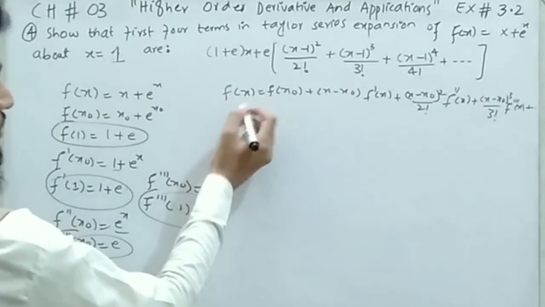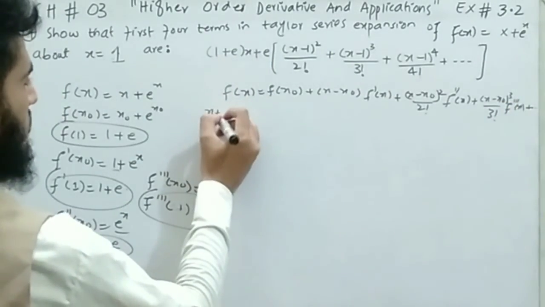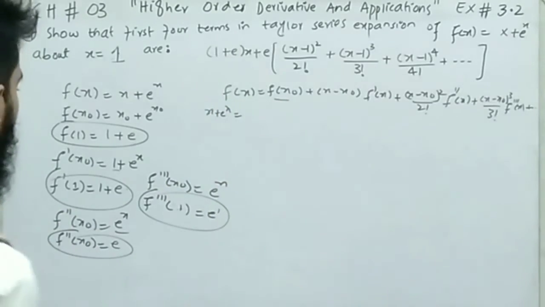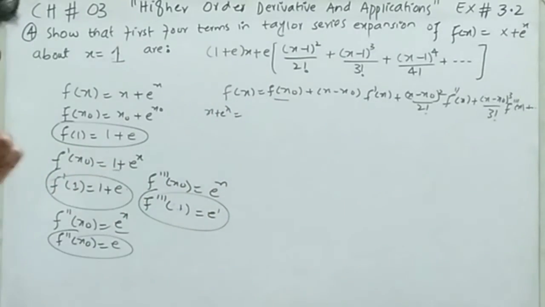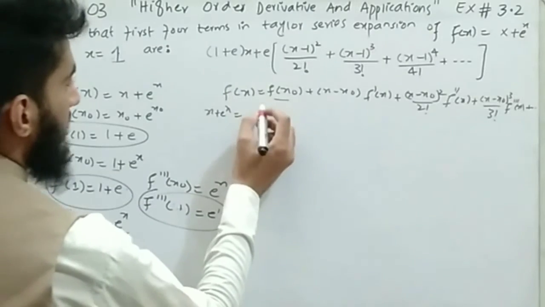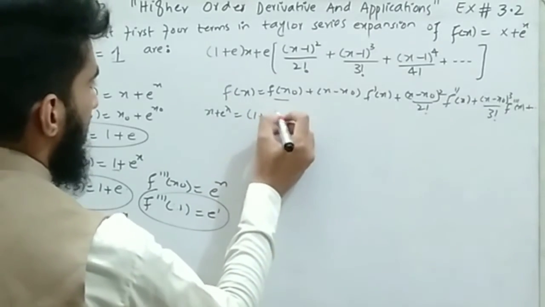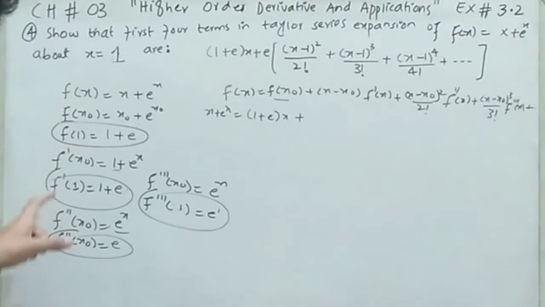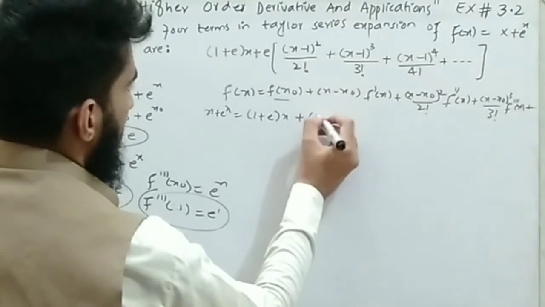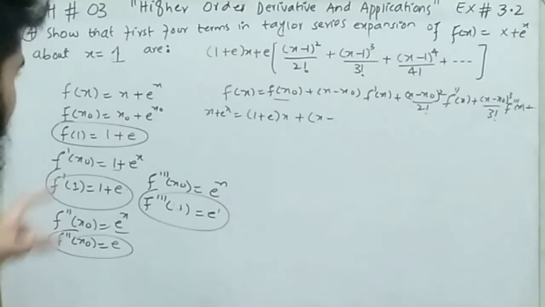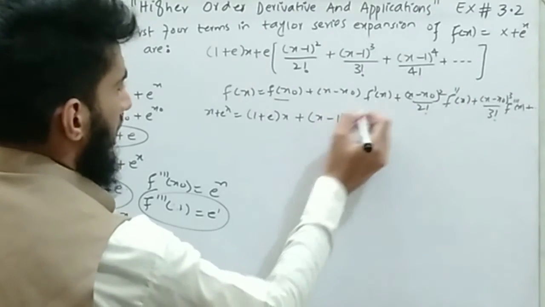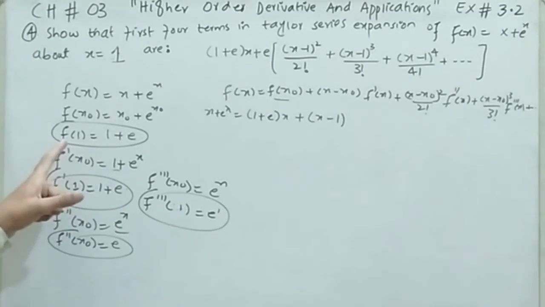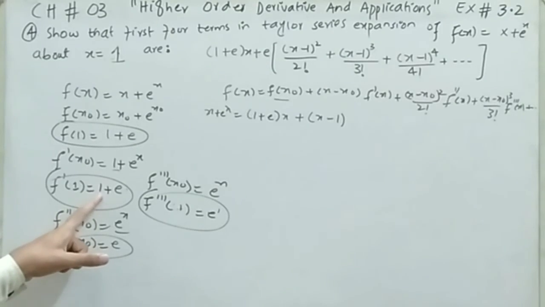Now f of x is equal to 1 plus x plus e raised to the power x, which will be equal to f of x naught, so it gives us 1 plus e. Then 1 plus e into x minus x naught, where x naught is equal to 1, and f prime gives us 1 plus e.